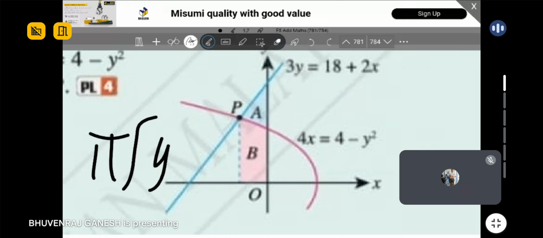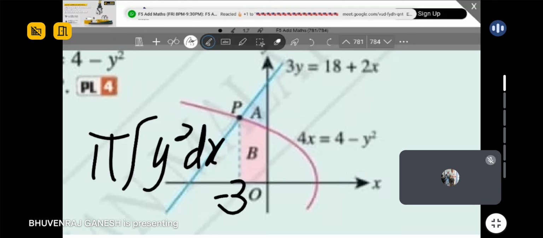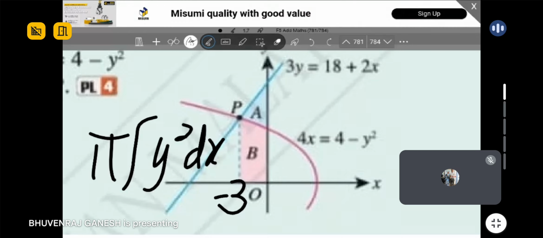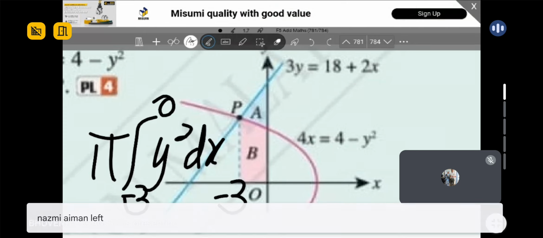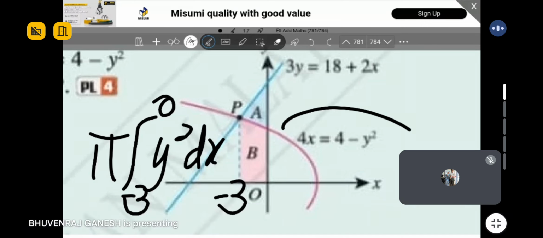Pi y square dx because Paxi X. Okay, so this value over here is going to be -3 based on what you got earlier. Okay, so means that kamu kami dari -3 sampai kosong. Betul? Bagi persamaan ini, this equation.